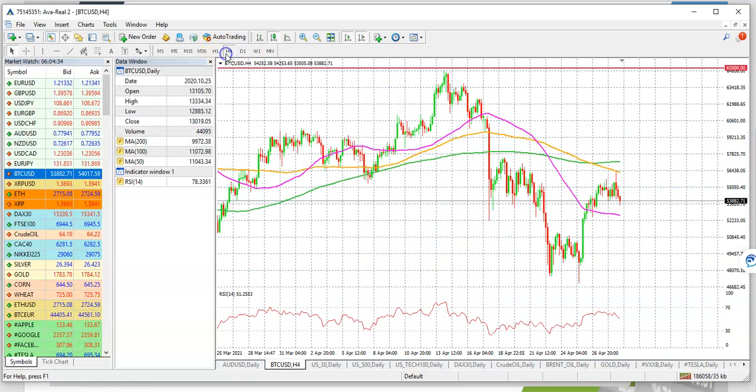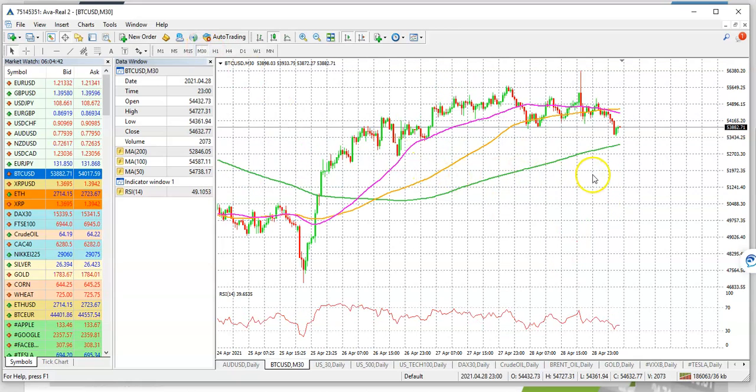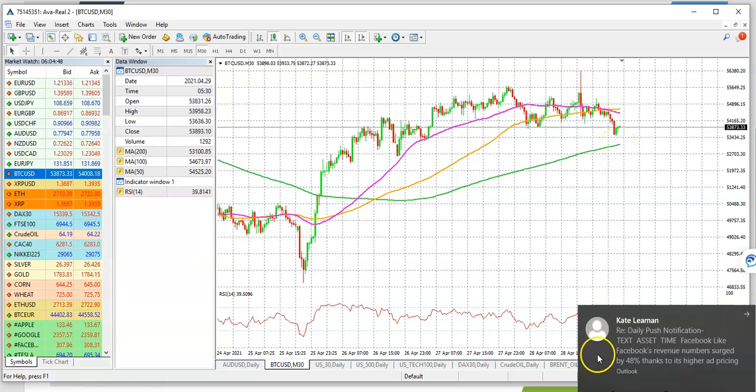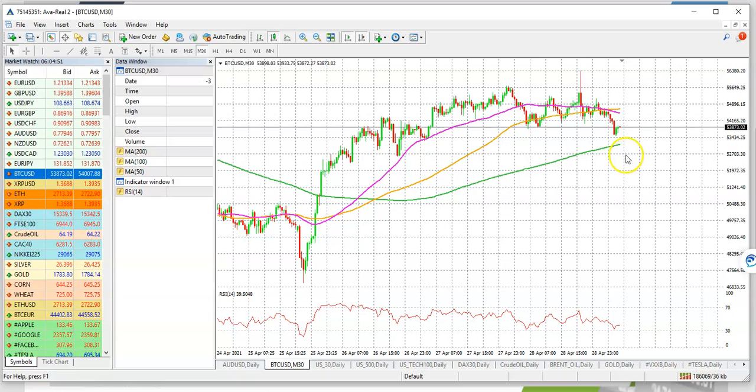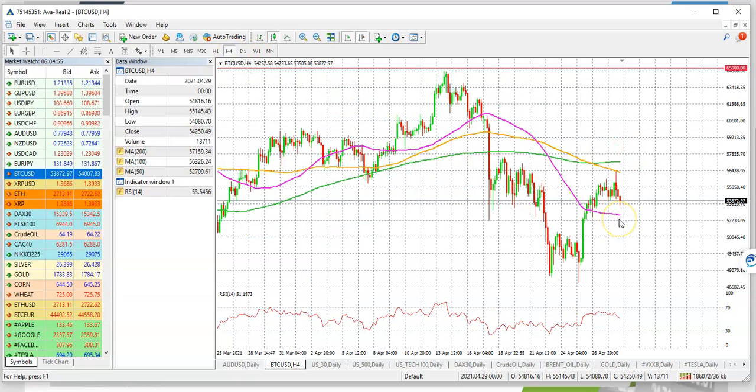And now, can the price really stay above the 50-day simple moving average? The answer to this one is going to come from the 30-minute time frame, and that is, can the price stay above the 200-day simple moving average? Because if it can, then surely the price can also stay above the 50-day simple moving average.